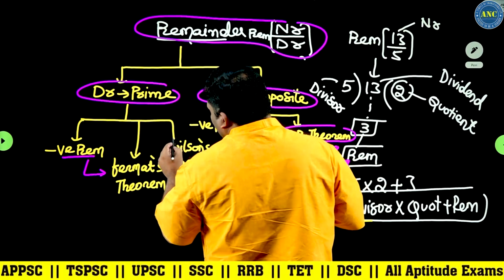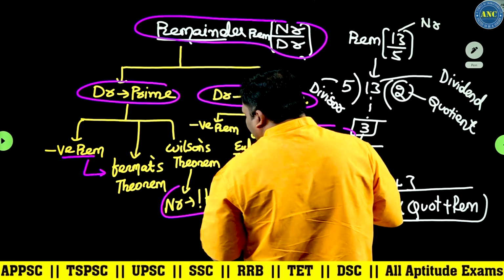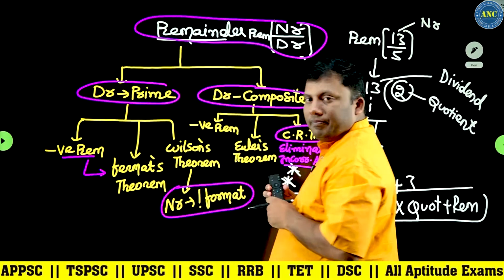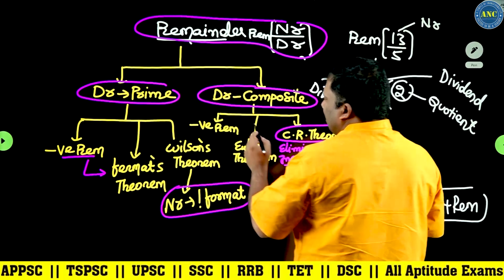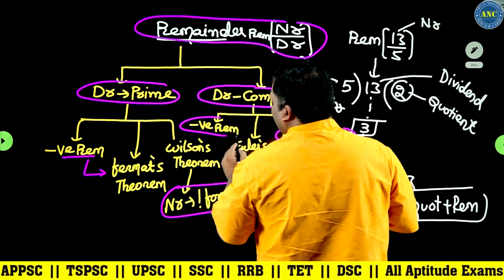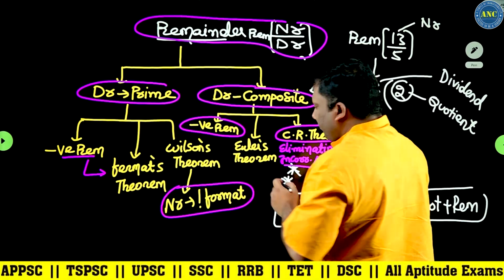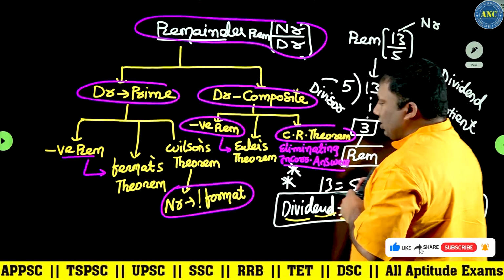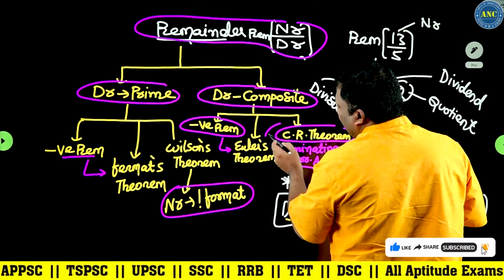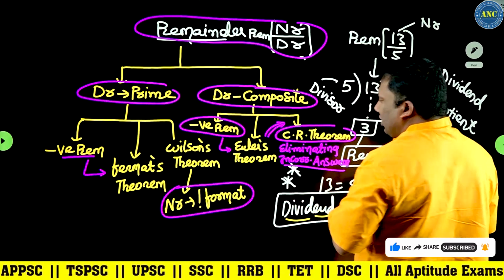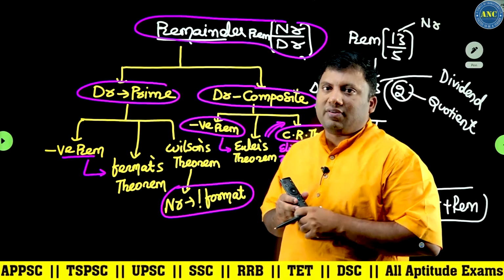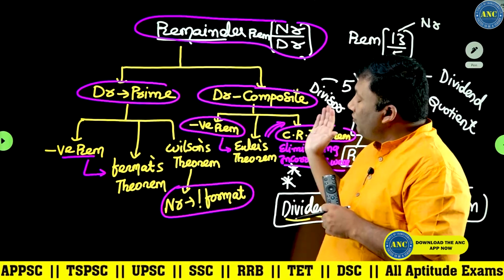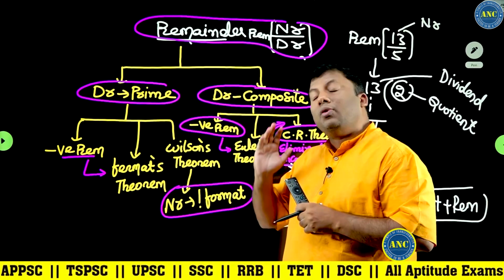If the numerator is in factorial format, I will use Wilson's theorem. Similarly, if it is a composite number, I will use negative remainder. If it is taking more time, I will get into Euler's theorem. If I want to eliminate answer options, I will use the Chinese remainder theorem. This is the way to solve any problem.